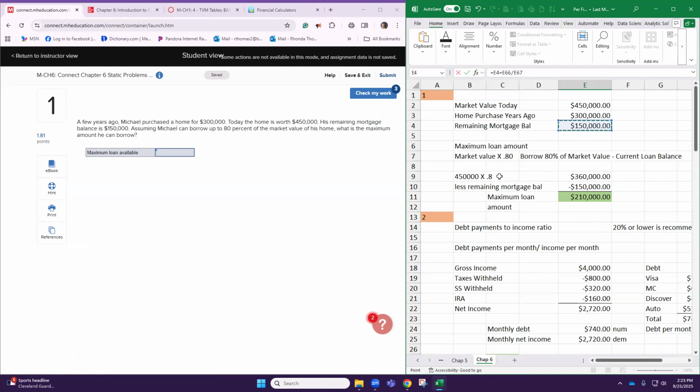If we take 80% of 450,000, which is the new market value, and we subtract his mortgage balance, here is the maximum loan amount. Borrowing money against a home can oftentimes be a good option because you get a good interest rate, since there's collateral behind the loan.